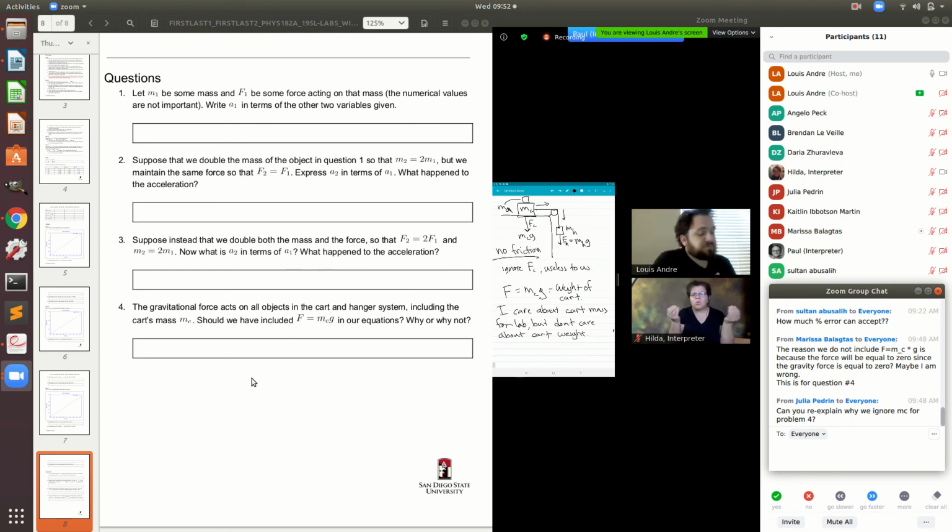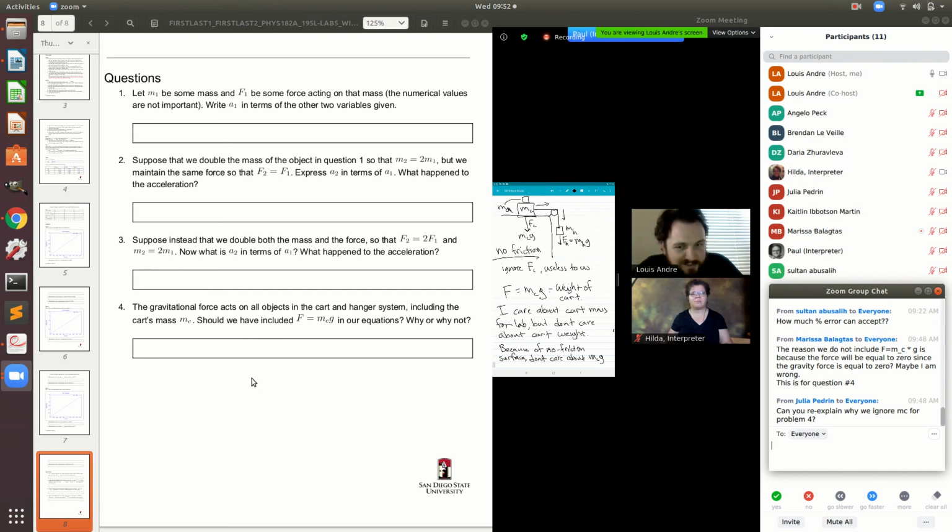So, in essence, because of the no friction surface, I don't care about mcg.